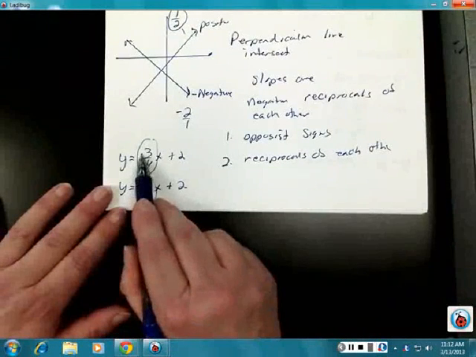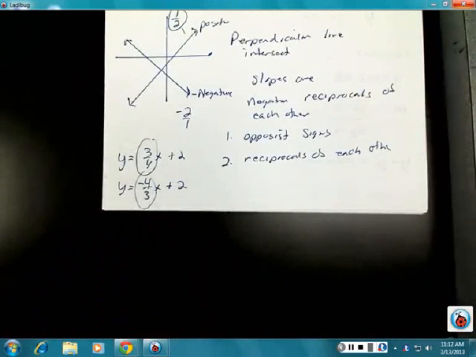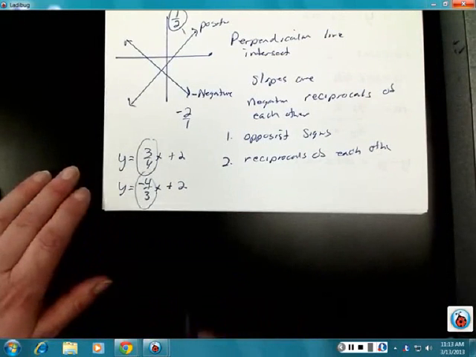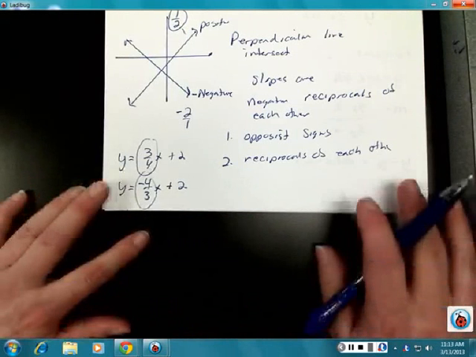Opposite signs, a positive sign and a negative sign. So your signs flip and your values come out to be the opposite of each other. Parallel means the same. Exactly the same.